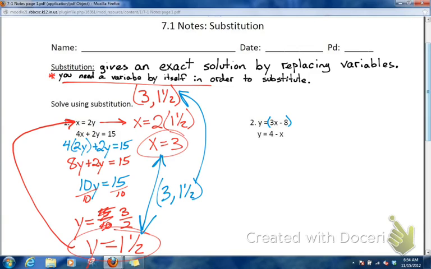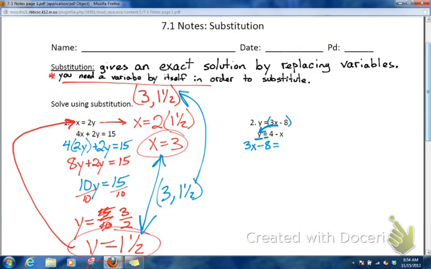Now notice I've been putting what the variable equals in parentheses because then I'm going to replace that parentheses into the other equation. So since y is equal to 3x minus 8, I'm going to rewrite 3x minus 8 in the next equation instead of writing y. 3x minus 8 goes in place of this.